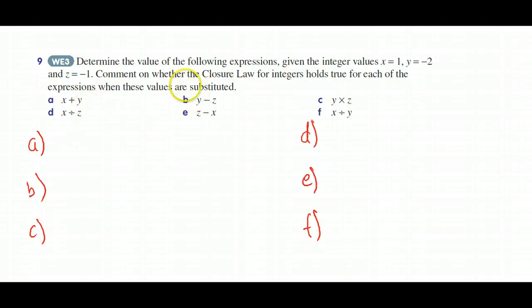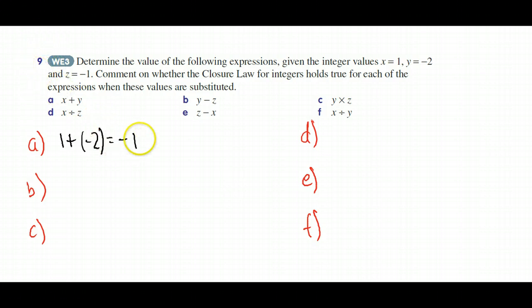Okay, in question 9 we've got to determine the value of the following expressions, giving these values for x, y and z, and then comment on whether the closure law for integers holds true for each of the expressions when these values are substituted. Okay, so x plus y becomes 1 plus negative 2, which equals negative 1.